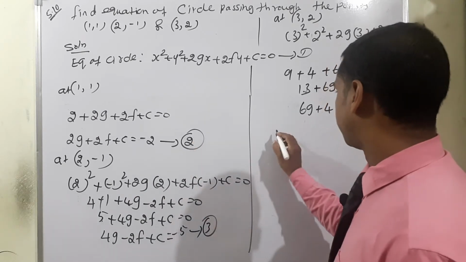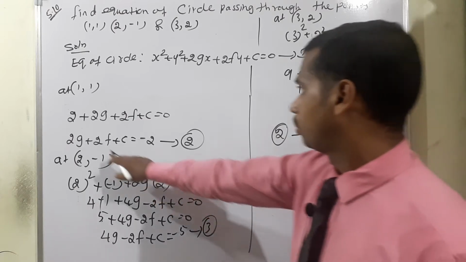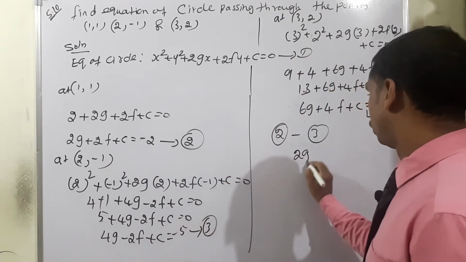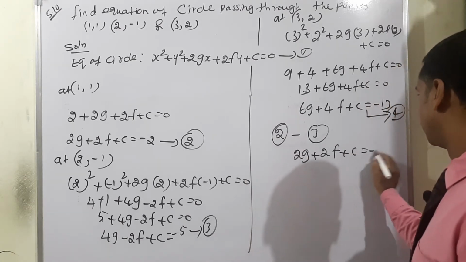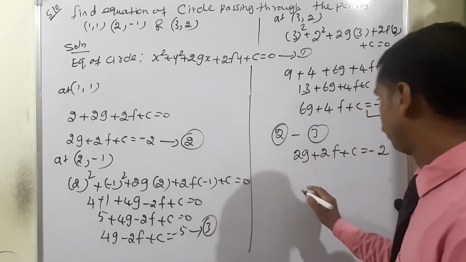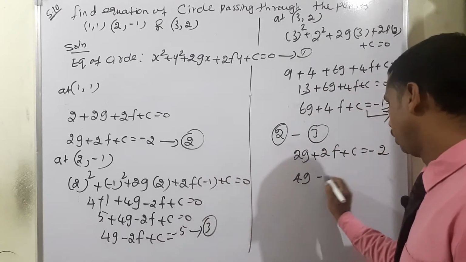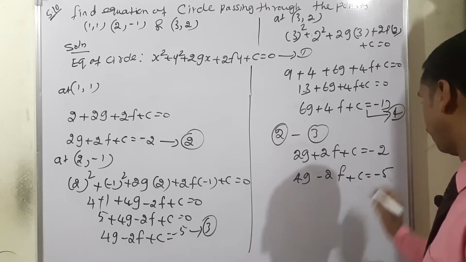Equation 2 minus 3. So equation 2 minus equation 3 means, equation 2: 2g plus 2f plus c is equal to minus 2. Equation 3: 4g minus 2f plus c is equal to minus 5.